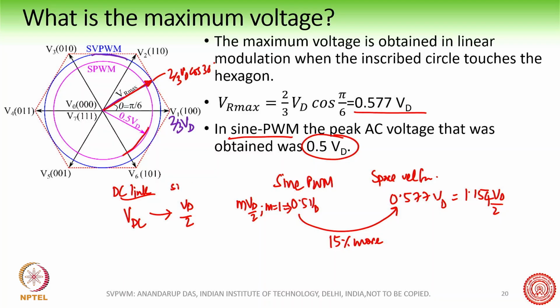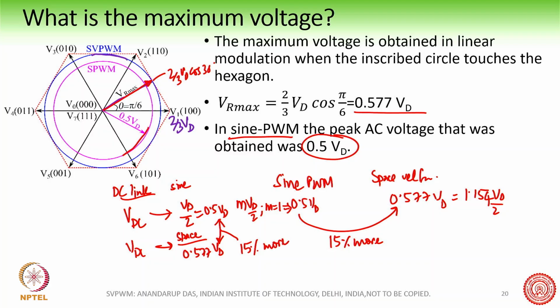Whereas from the same VDC with space vector PWM, you will get 0.577 VD. So this is equal to 0.5 VD here, and here you will get 0.577 VD. So you actually get 15% more with the same DC link.